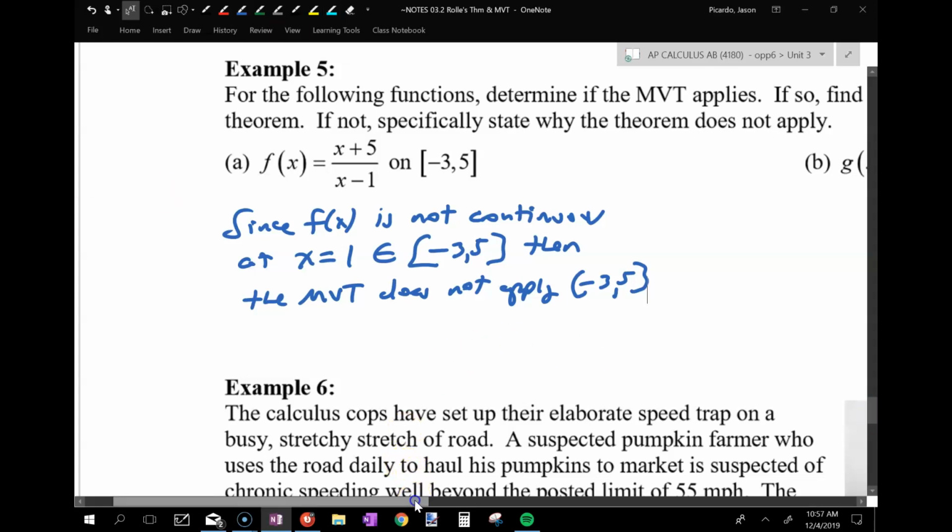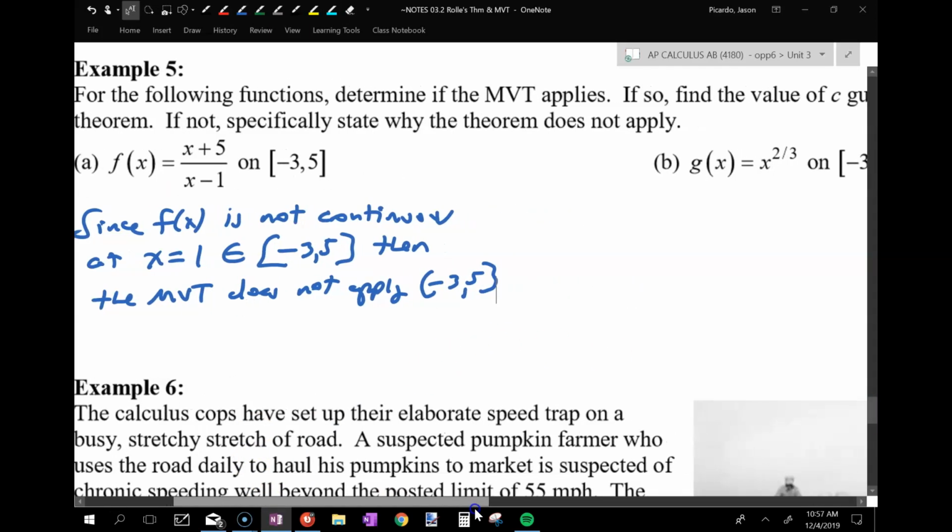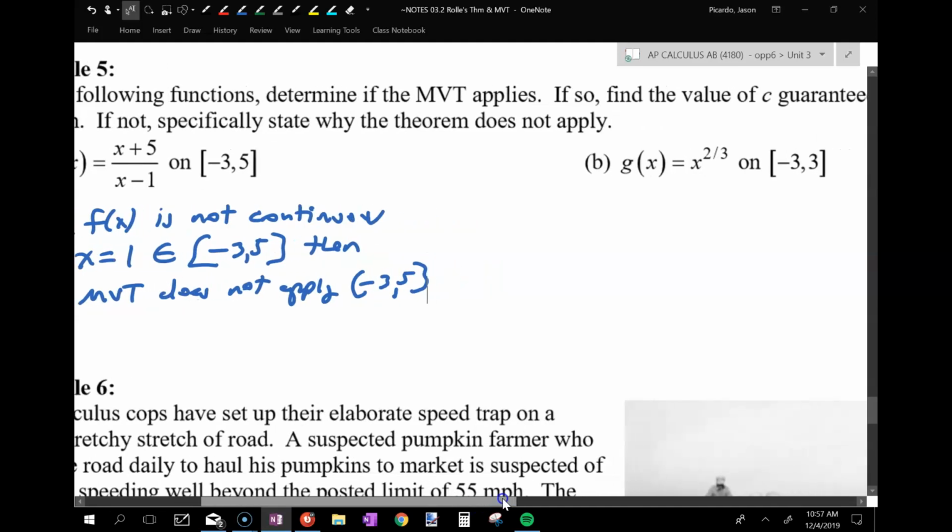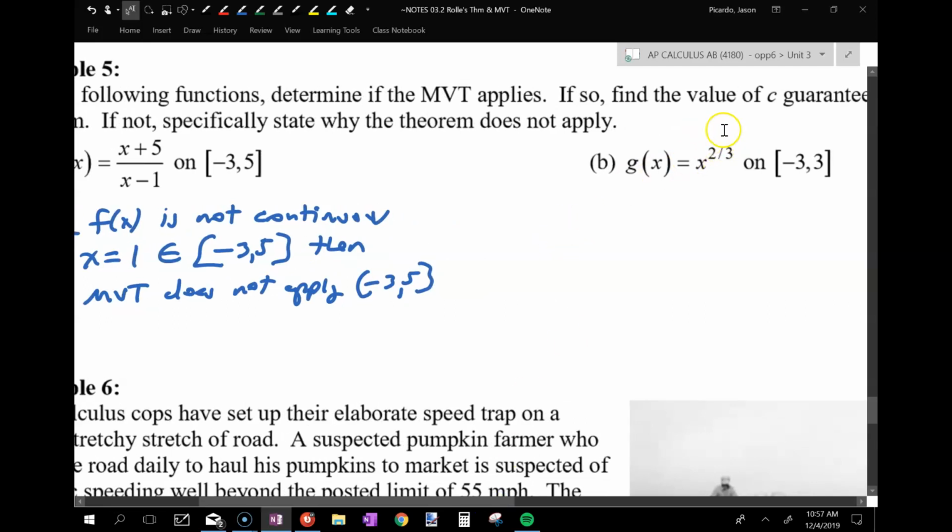And this next one, guys, is our first introduction into a concept that I want you guys to always keep in mind. Anytime we have something to a fractional exponent, now remember that x to the 2/3 would be the same as this, right?